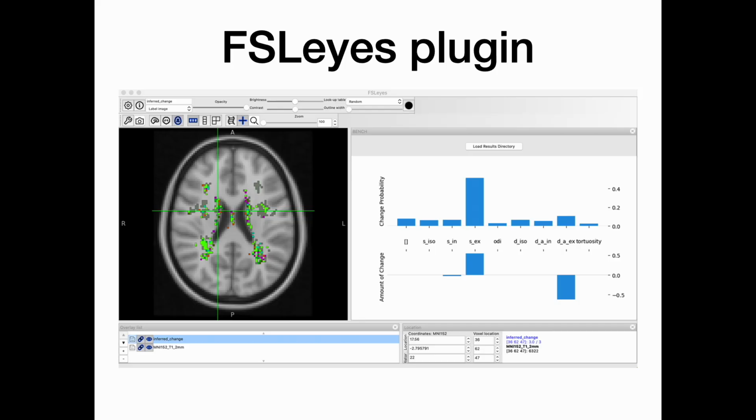On the left, you can see the voxel-wise map of the inferred change overlaid on the structural image. On the right, the plugin shows the probability of change for each parameter, together with the estimated amount of change. In this voxel, for instance, the analysis points to the extra-axonal signal fraction as the most likely parameter explaining the observed difference, with a corresponding decrease in the extra-axonal fraction.